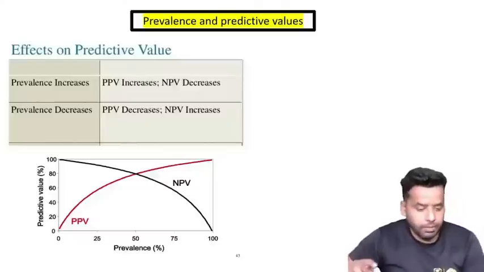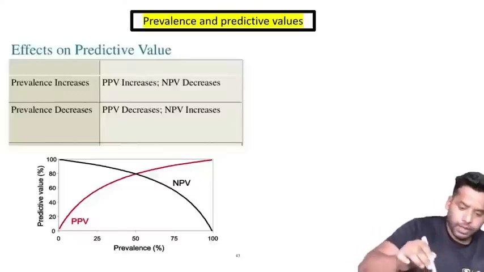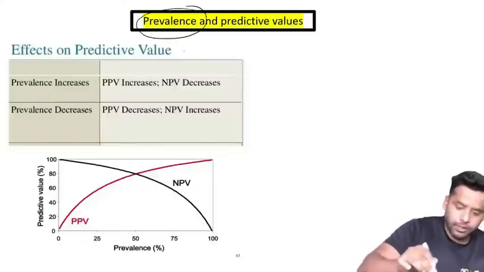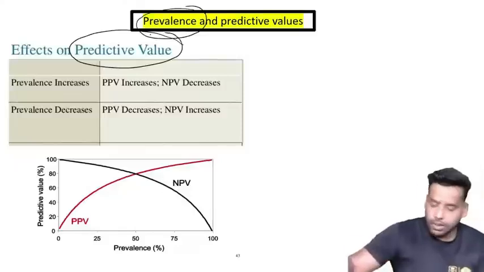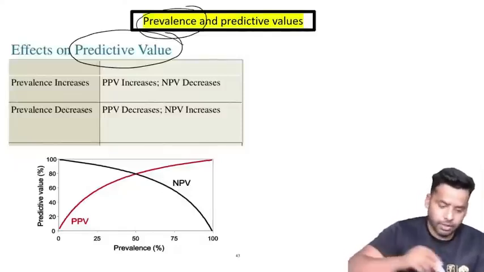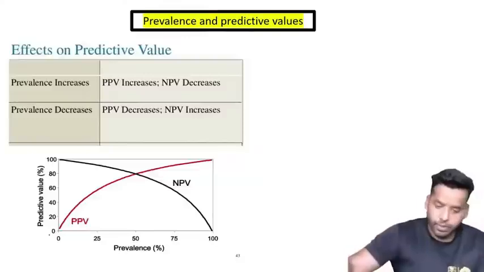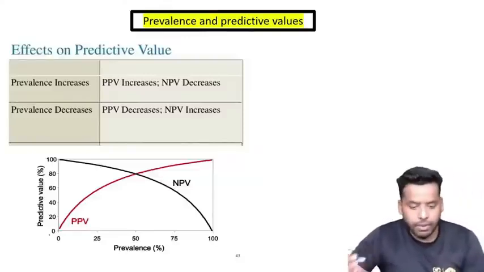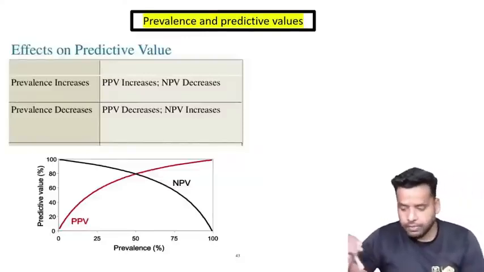And always keep in mind, if prevalence is increased, the chance of having disease will increase or decrease? Answer my next question. If there is a high prevalent population, the prevalence of disease is very high.